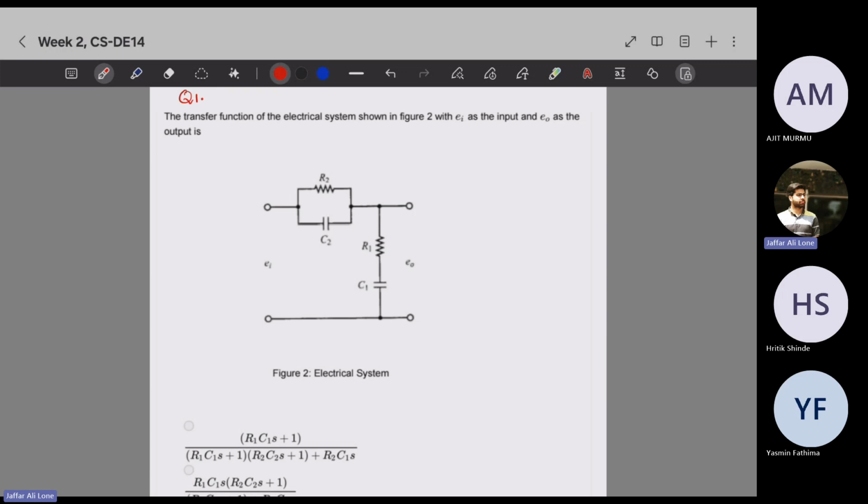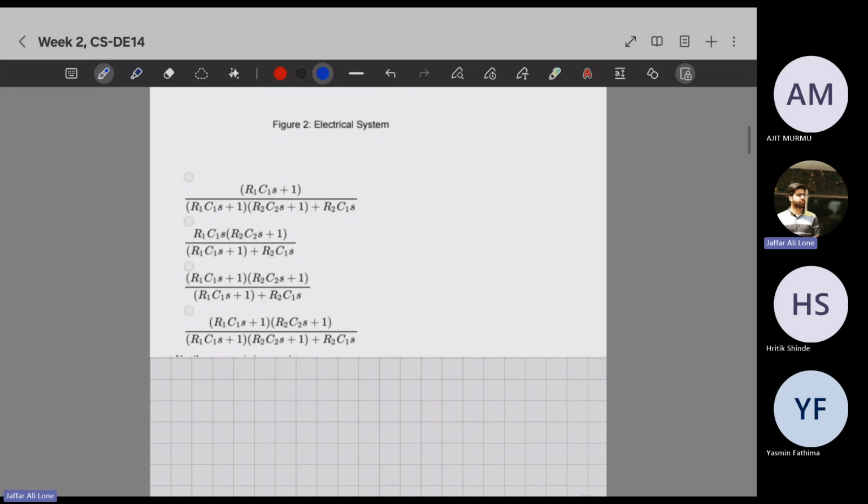As I said, the transfer function is the Laplace transform of output to the Laplace transform of input. So this we have to find. And these are the options that are given.